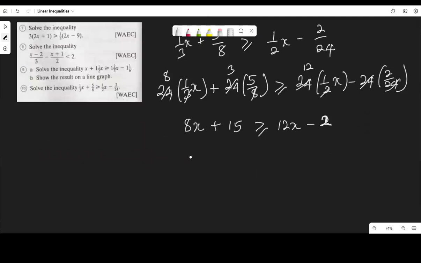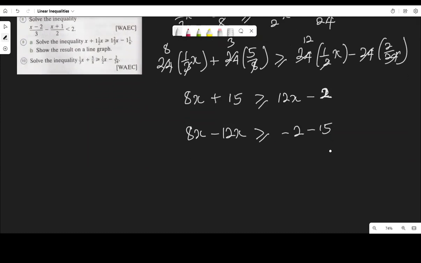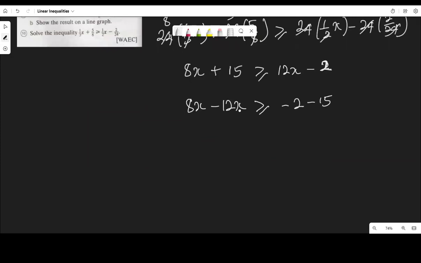Collecting items, we have 8x. This plus 12x, when it crosses to this side, becomes minus 12x, is greater or equal to negative 2. This plus 15, when it crosses, becomes minus 15. 8x minus 12x is minus 4x, greater or equal to minus 2 minus 15, which is minus 17.